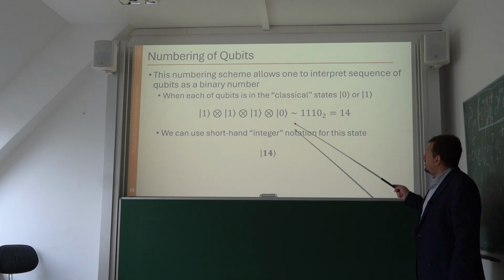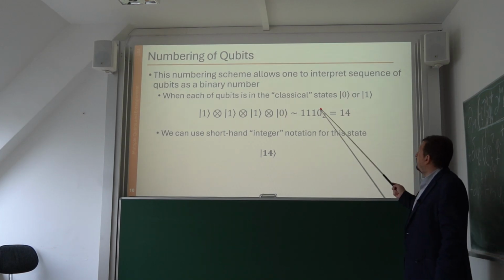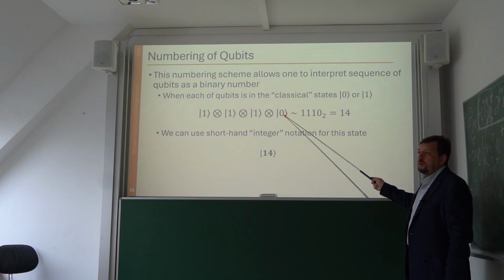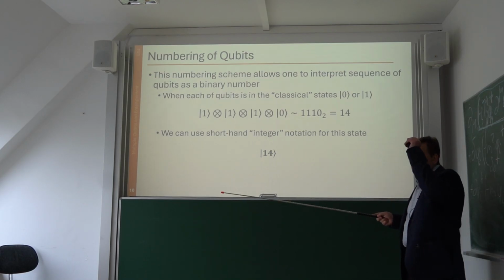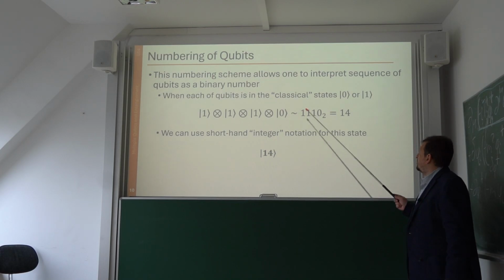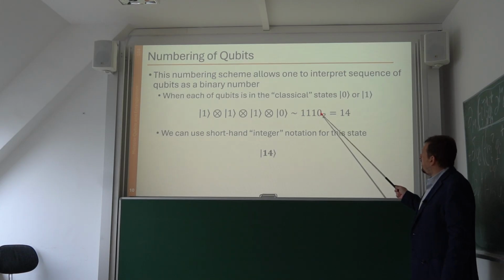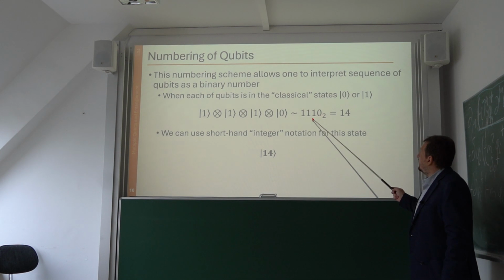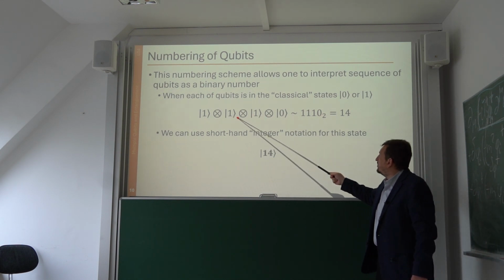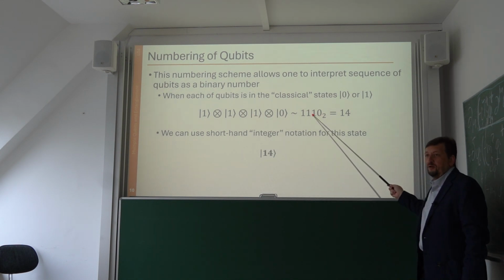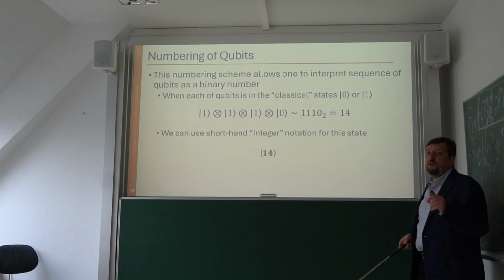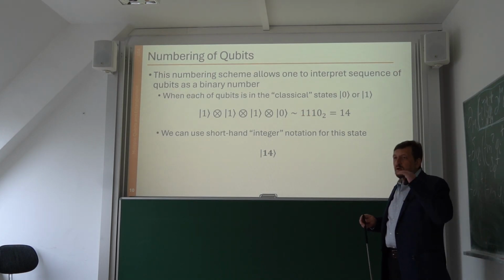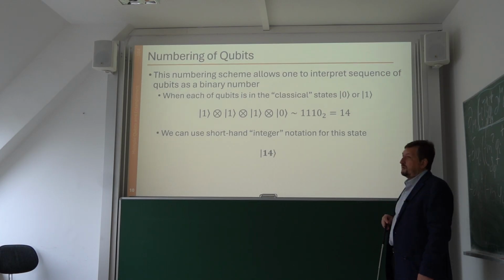So the rightmost qubit is 0, the least significant digit in binary base. This is the next significant, and so on. I can simply read this state as a binary number. This is very convenient for advanced algorithms. We will not be using any advanced algorithm, but this is the way it is done.